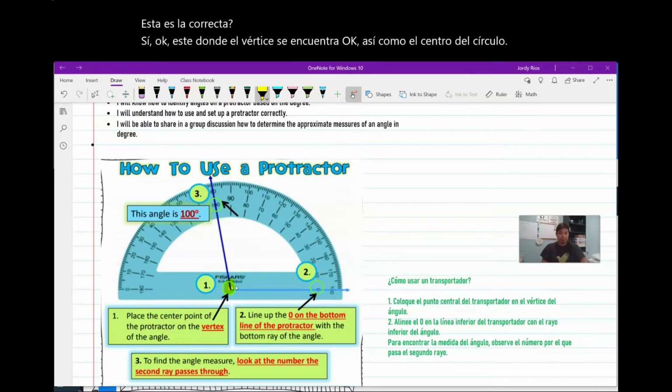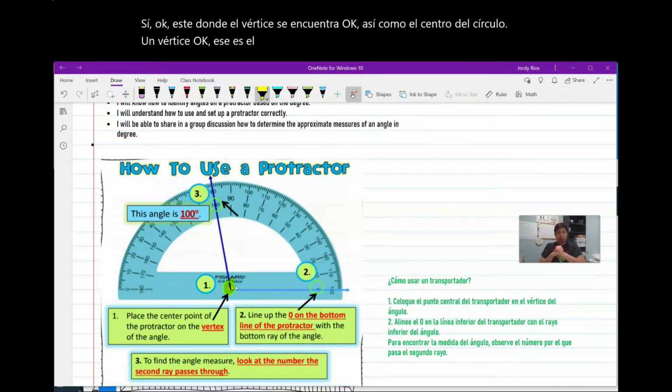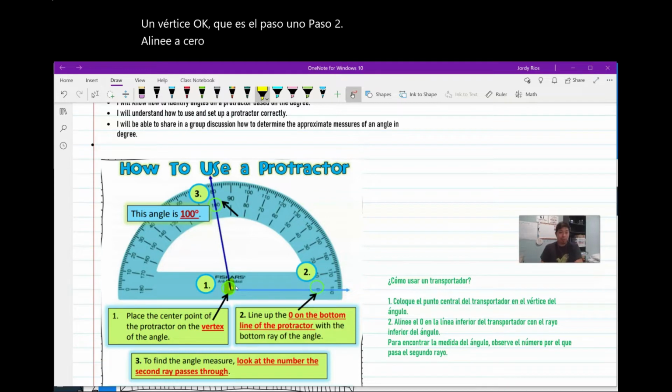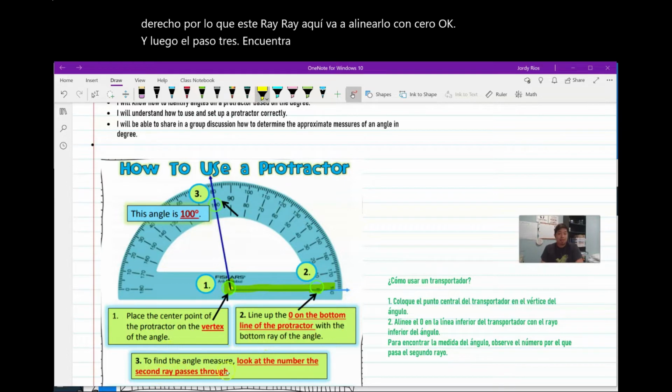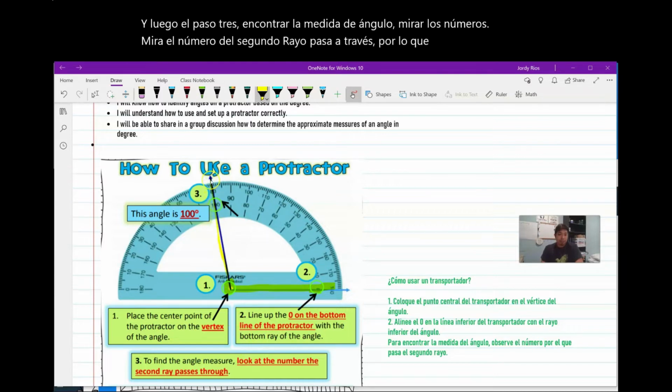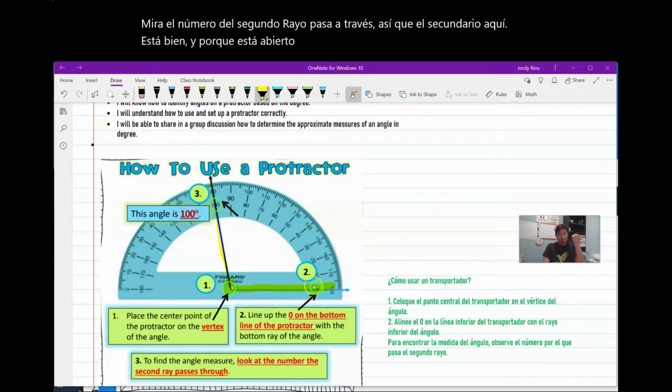Okay, that's step 1. Okay, step 2, line up the 0 on the bottom of the line of the protractor with the bottom ray of the angle. So this ray right here, you're gonna line it up with 0. Okay, and then step 3, find the angle measure. Look at the number the second ray passes through. So the second ray right here, and because it's open on the left side, we're gonna use the bottom numbers.